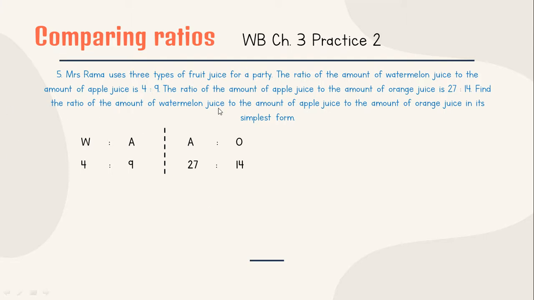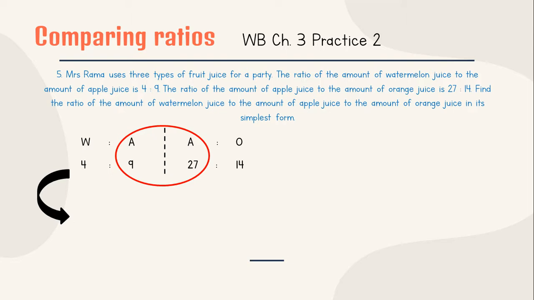Now, which one is the same? We have apples, right? So in watermelon to apple, the apple is 9. Meanwhile, in apple to orange, the apple is 27. Does it become bigger or smaller? Bigger, of course.